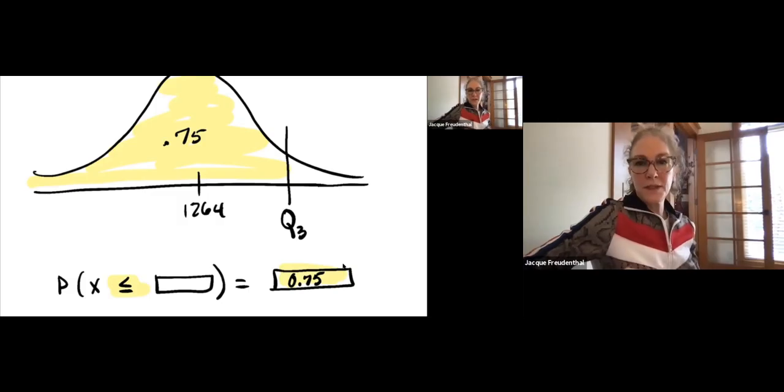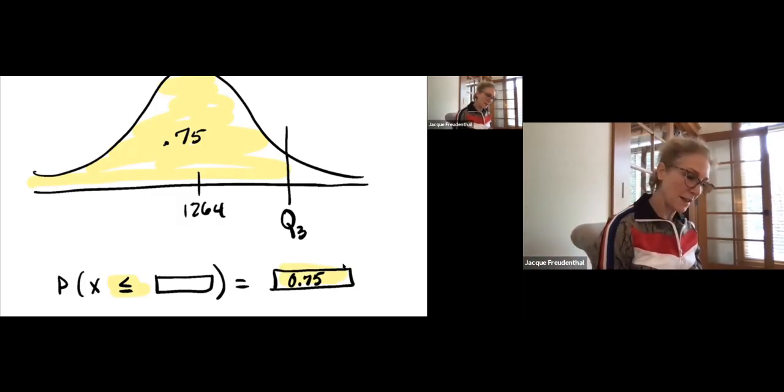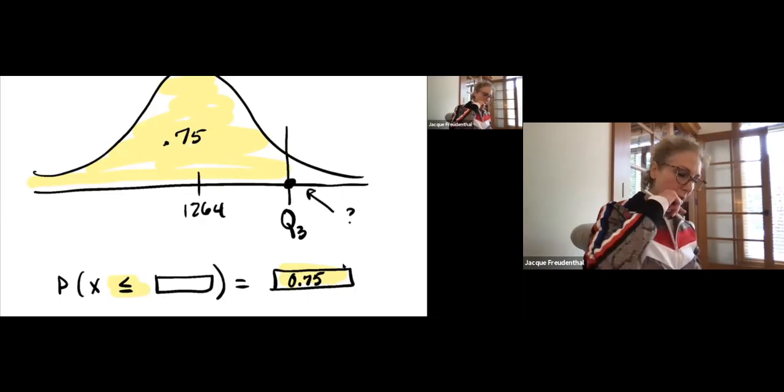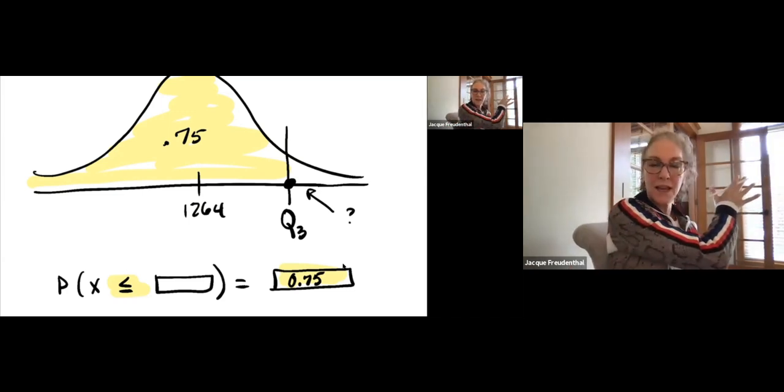Okay, so 75% to the left of the third quartile. That's what we're trying to find, the location. What is that location on the number line? 75% area to the left.